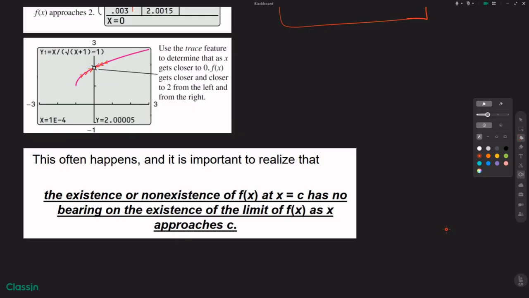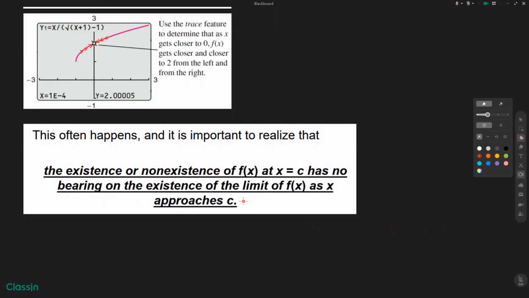Well, what does it mean? I'll let you process for 1 or 2 seconds. Now, don't you see that this conclusion is trying to address the confusion between the existence of a function at a certain value of x and the existence of the limit of function f of x as x approaches that number you want.